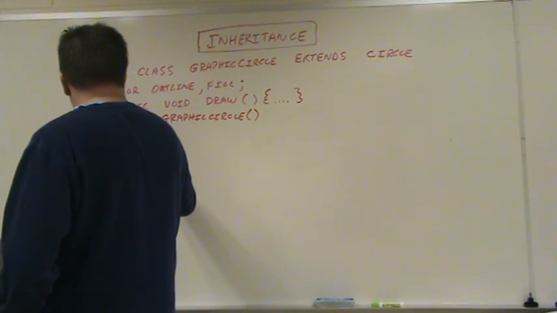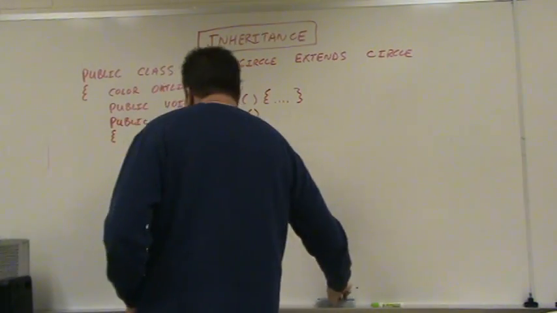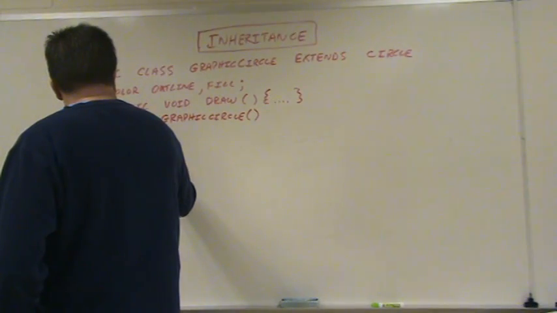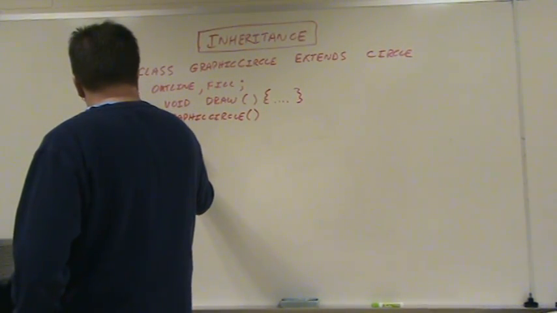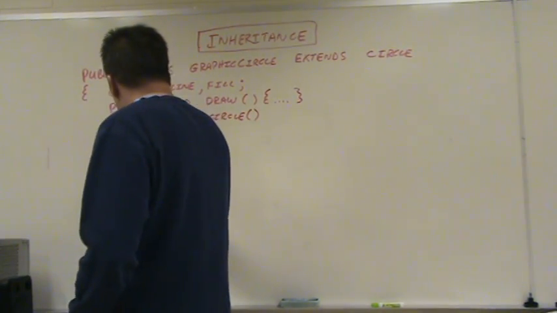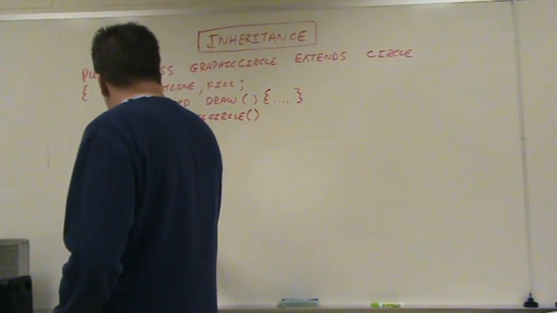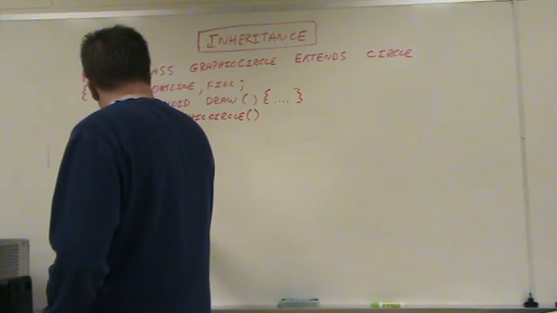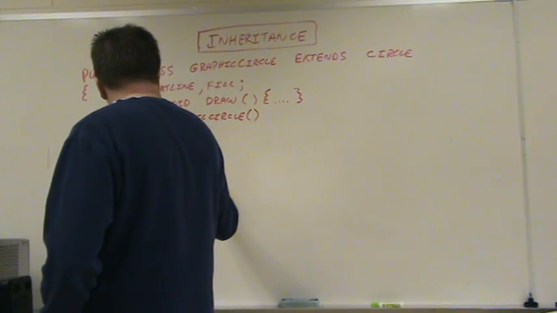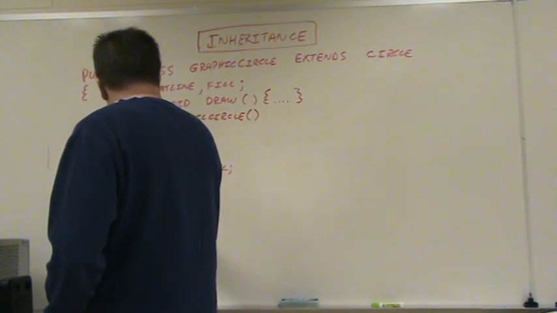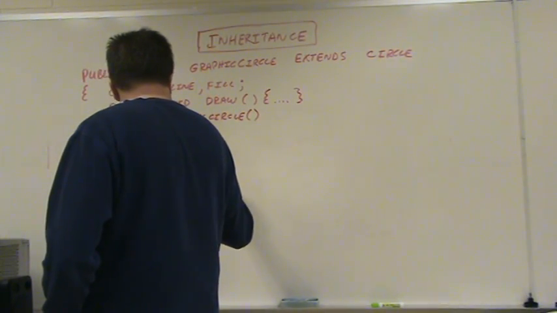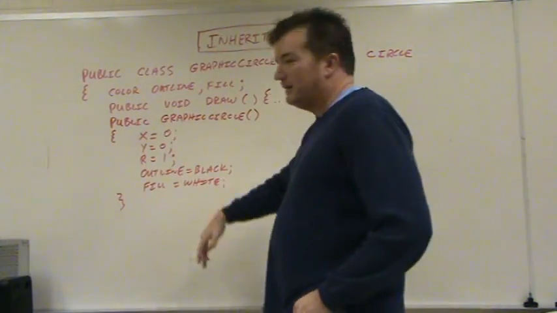We'll say, using this. But actually we don't have it. So we could say x equals 0, y equals 0, r equals 1, outline equals black, fill equals white. And we have now just defined a default circle.